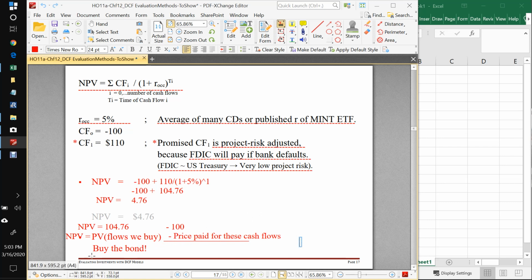So in this case, NPV is greater than 0, so we want to buy the bond, okay? And we're buying the bond because the NPV is greater than 0. Okay, good.